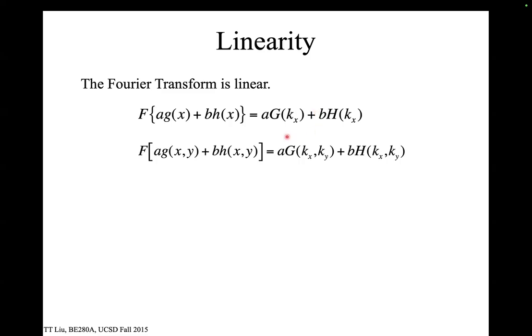This is mathematically saying the same thing: if I have the Fourier transform of a sum of two functions, with the coefficients a and b in front of those functions, all I have to do is take the Fourier transform of the individual function g, which becomes capital G in the Fourier space, and the Fourier transform of h, which becomes capital H, and the amplitudes add up in exactly the same way. So that's what we looked at before. And it works in 2D, it works in ND.